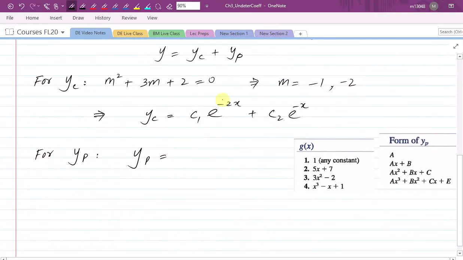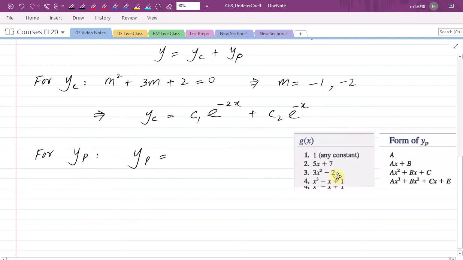Right. So this is the list. If our g of x is a constant, then we start yp with a constant a. If our g of x is a linear polynomial, then we start with a linear polynomial.